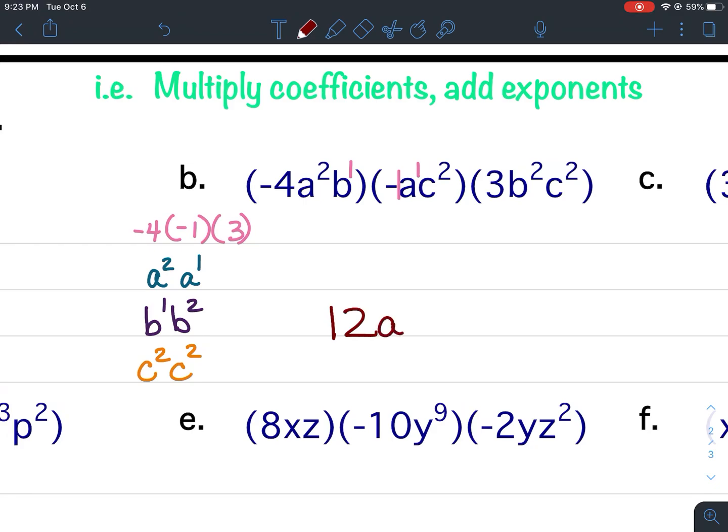For the a, I would add 2 plus 1 and get a to the third. For the b, I would add 1 plus 2 and get b to the third. And for c, I would add 2 plus 2 and get c to the fourth. So for example B, my final answer is 12a cubed b cubed c to the fourth.